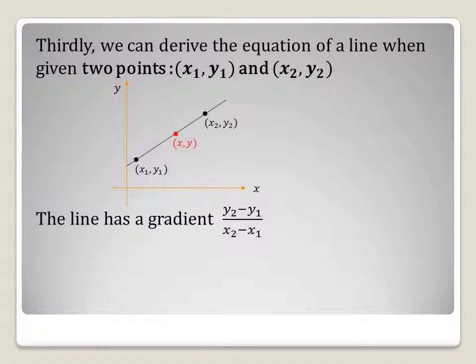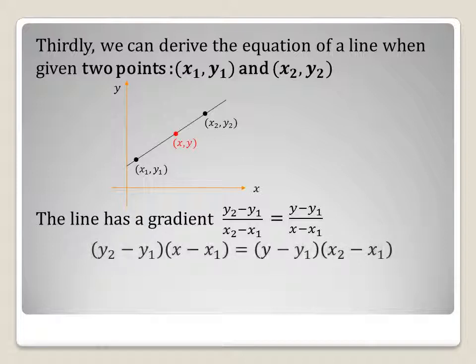This gradient is also equal to (y minus y1) over (x minus x1). The two gradients are equal since the points lie on the same straight line. That is, the points are collinear. Thus, (y2 minus y1) over (x2 minus x1) is equal to (y minus y1) over (x minus x1).